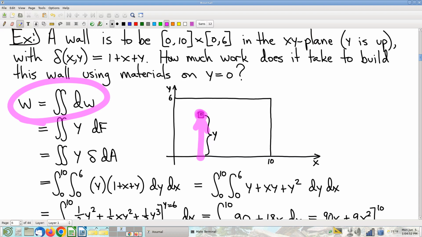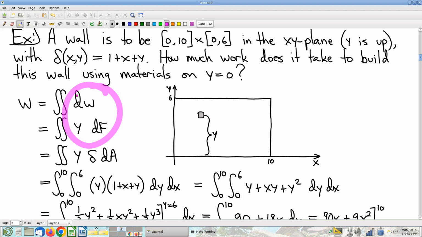So how much work does it take to lift that stone? Well, work is equal to force times distance. Not hard to persuade yourself that the distance it has to be lifted is y. That's the coordinate that we're using to represent the height of that location. And now how much force is being applied? Well, the force depends on how much that little stone weighs. And how much that stone weighs is pounds per unit area times area.